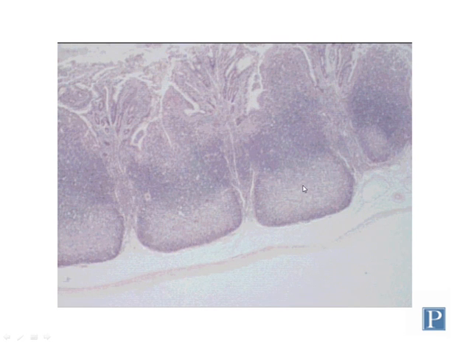When challenged with an antigen, these lymphoid nodules become activated and rapidly undergo proliferation in the center right here. So these pale staining centers of these lymphoid nodules are called germinal centers.